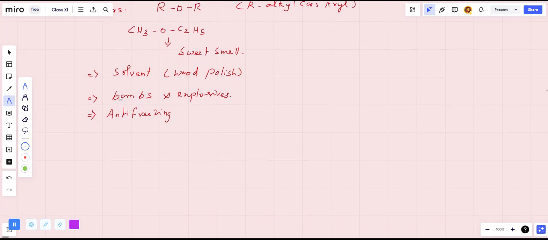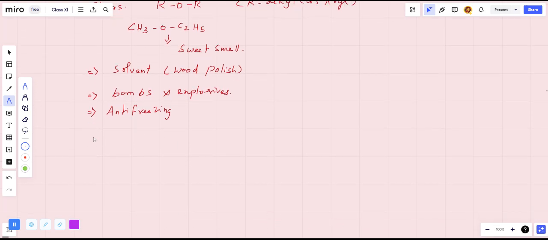Okay, so we'll see one by one. First, we are going to see about alcohols. Alcohols: one or more OH groups directly attached to carbon of an aliphatic system is called alcohol. Already we have seen, one or more OH groups directly attached to an aliphatic system.